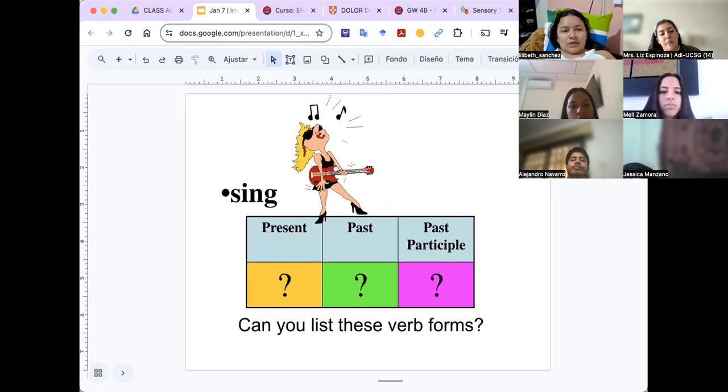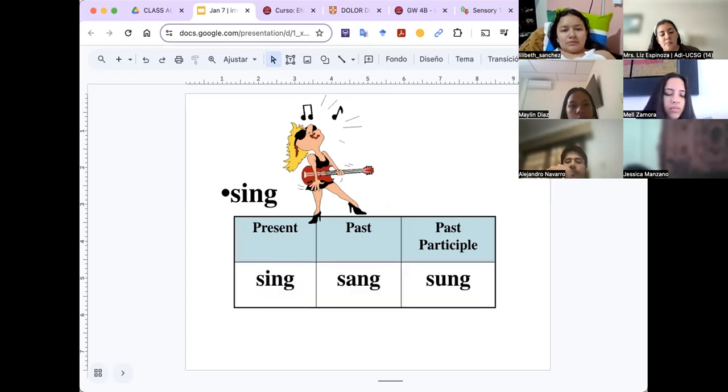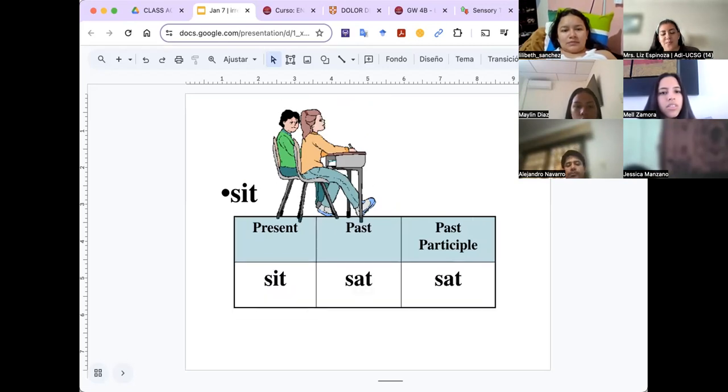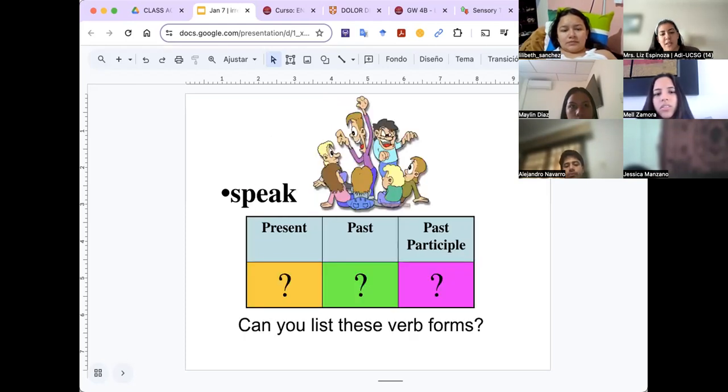Sing. Look at this. Almost the same word, but you only change the vowels. Sing, sang, sung. Okay. Sit. Sat. Speak. Spoke.